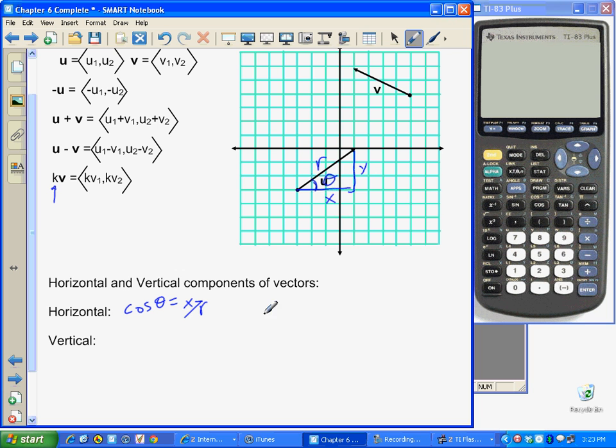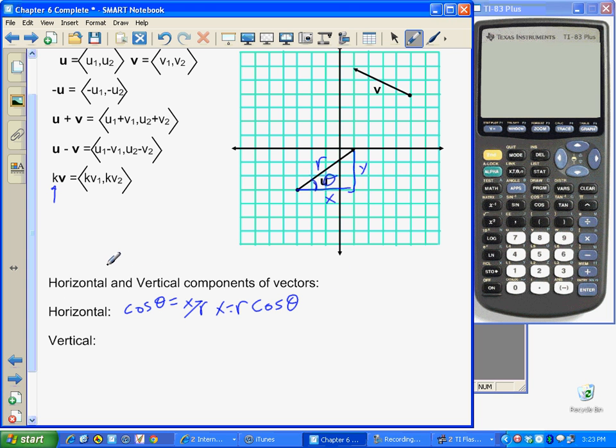So if I want to know just what x is, I would multiply both sides by r. So that means the horizontal component is r cosine theta. That's what the x component is.